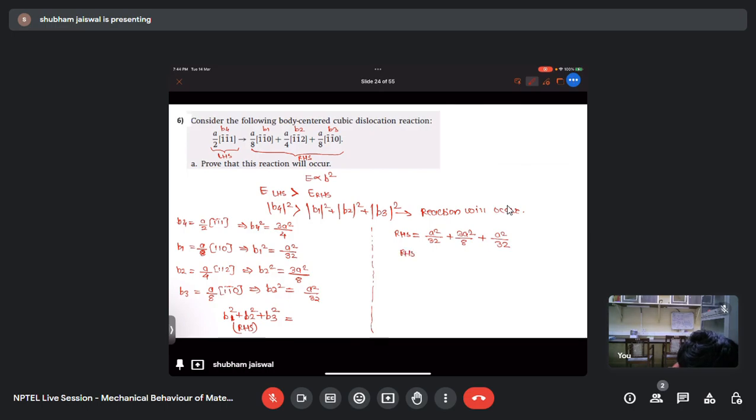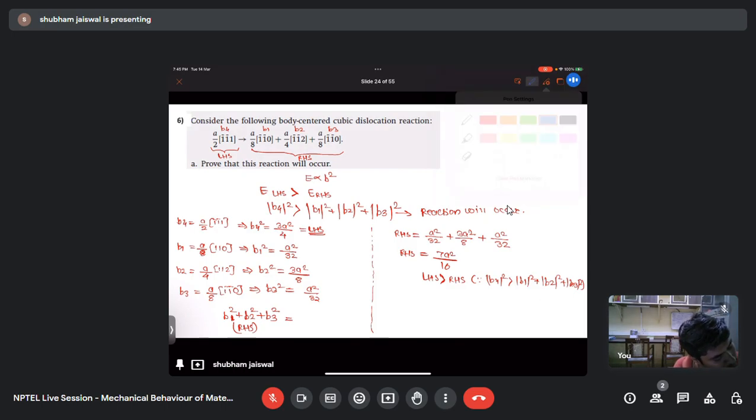If I solve, RHS comes out to be 7a square by 16. And this is my LHS. So here you can see that LHS is greater than RHS, or in other words, B4 square is greater than B1 square plus B2 square plus B3 square.